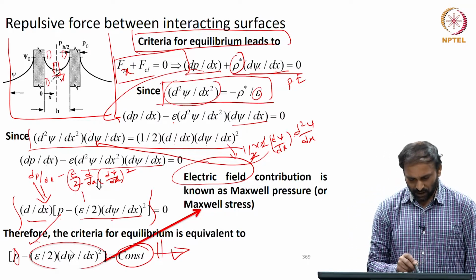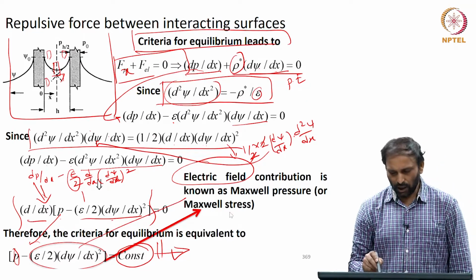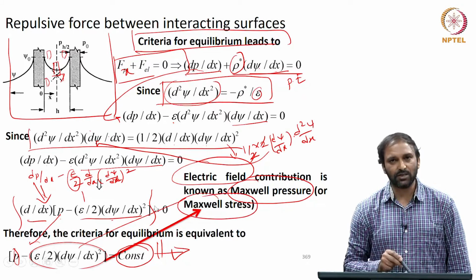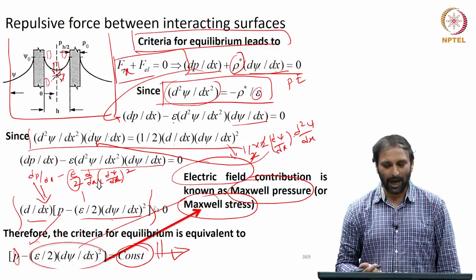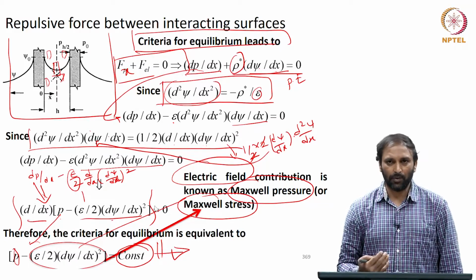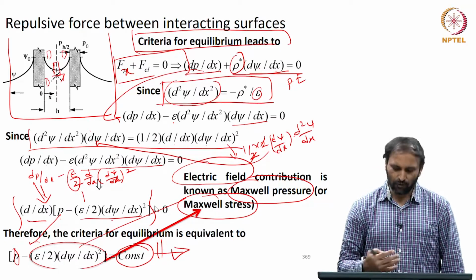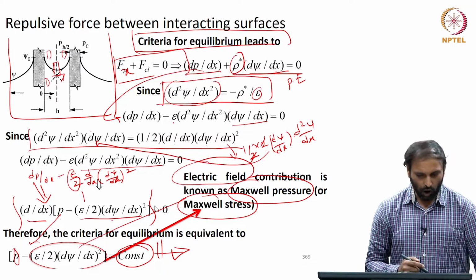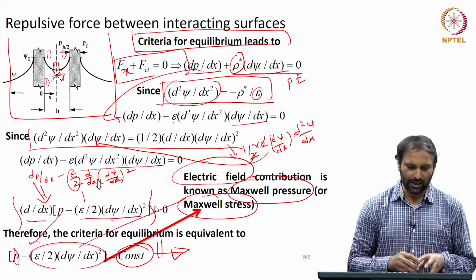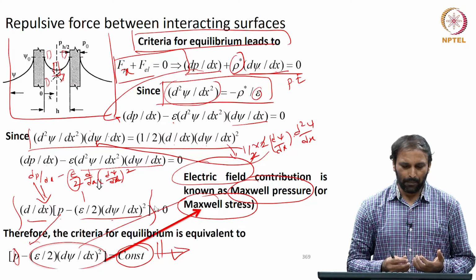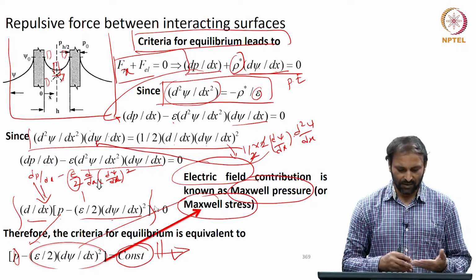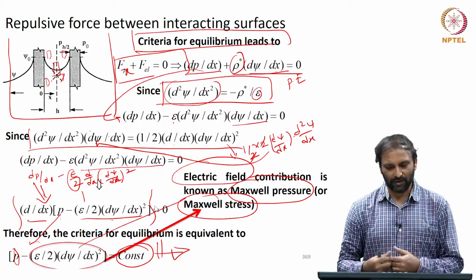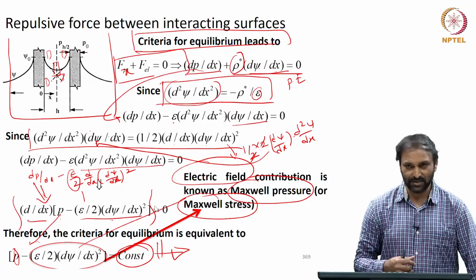The electric field contribution to the pressure is what is called Maxwell's pressure or the Maxwell stress, which comes into the picture whenever you have flow, or a flow coupled with electric field effects in the solution, or any case where the pressure contribution comes from things like osmotic pressure or flow, and then there is a coupled effect along with the electric field present in the system.